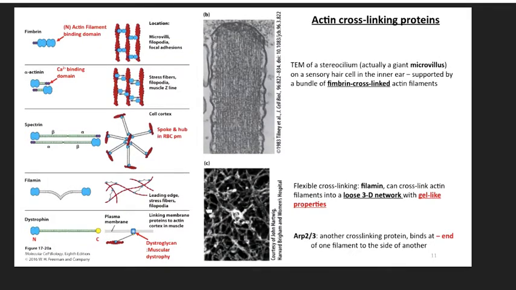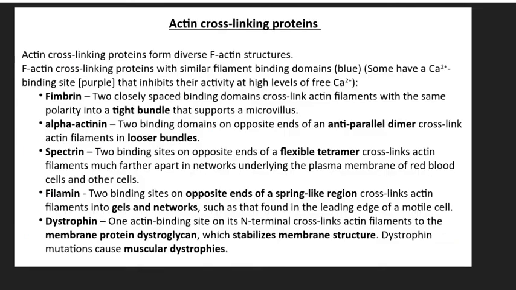Filamin is present in the leading edge, stress fibers, and filopodia. Dystrophin is present near the muscles and links membrane proteins to the actin cortex in the muscle. Filamin also forms a loose 3D network with gel-like properties, which is also mentioned here, all the details.